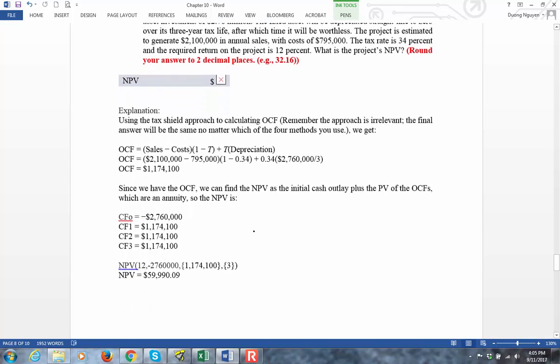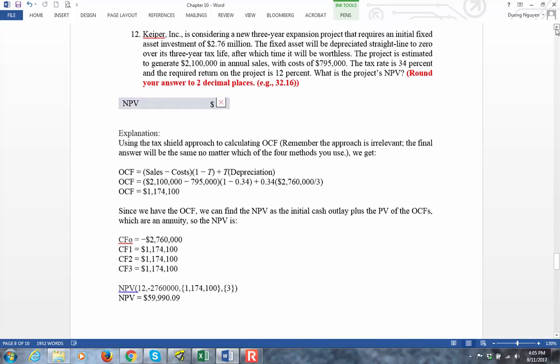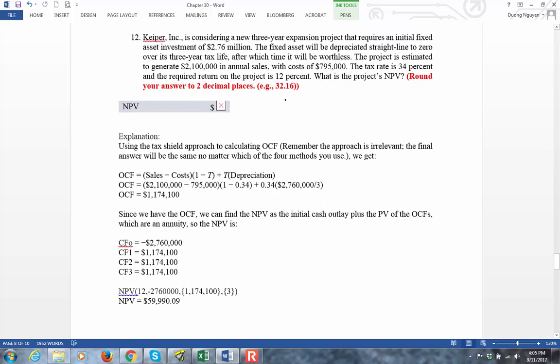Then after we have OCF, we can find NPV. First, the initial cash flow is equal to the initial cost, which is negative $2,760,000.